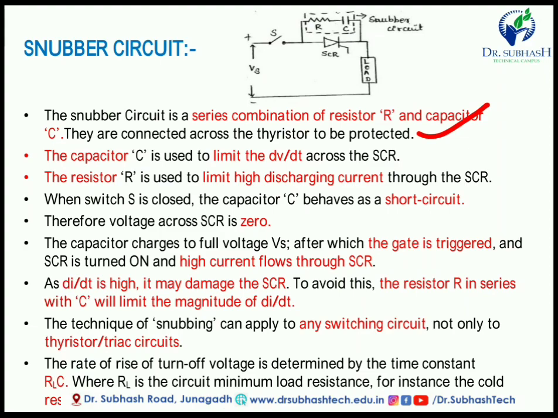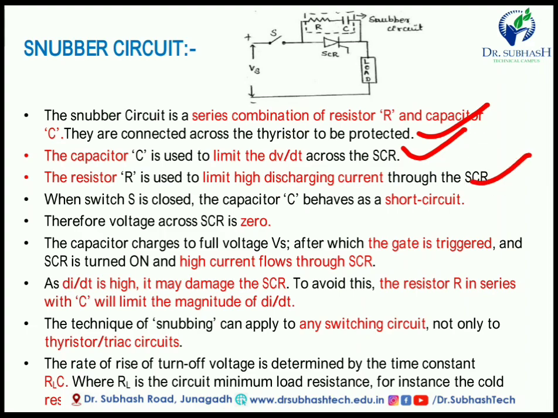The capacitor C is used to limit the dv by dt across the SCR, because the capacitor charges up and prevents the high voltage. The resistor is used to limit the charging current, because any resistor is used to limit the current.